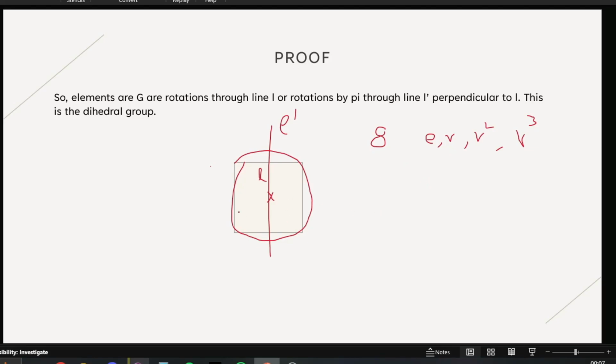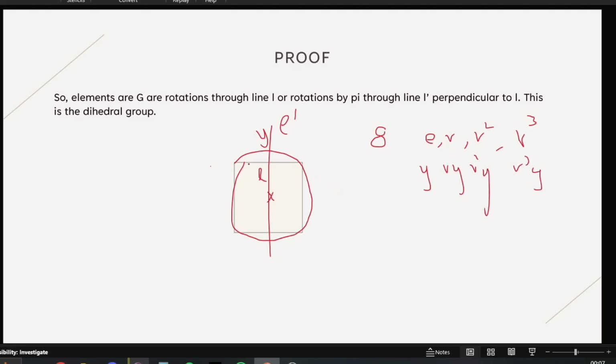And then we have the symmetries, which flip it along the symmetrical line. If we consider this line to be y, it flips across y: ry, r square y, and r cube y.